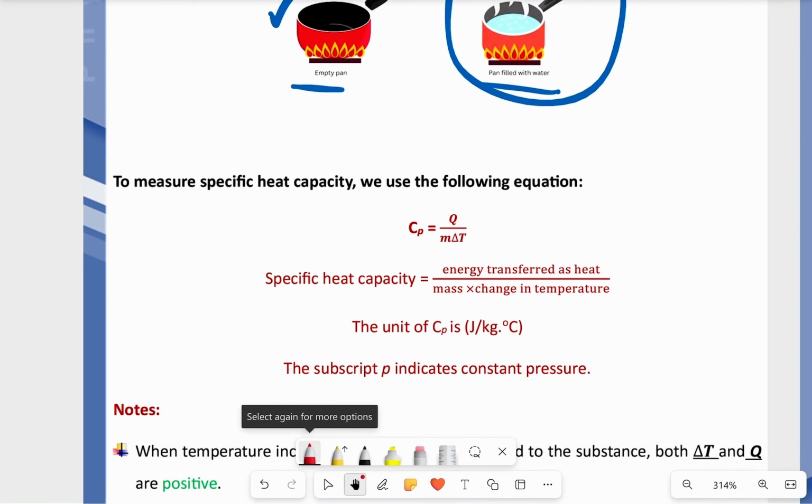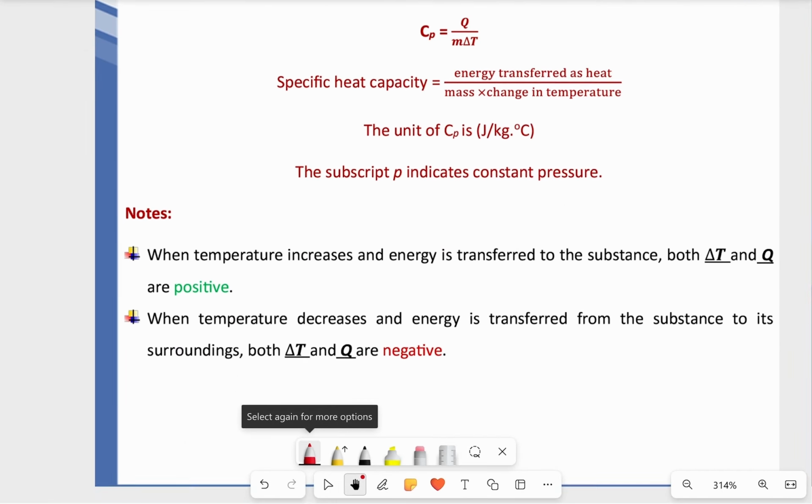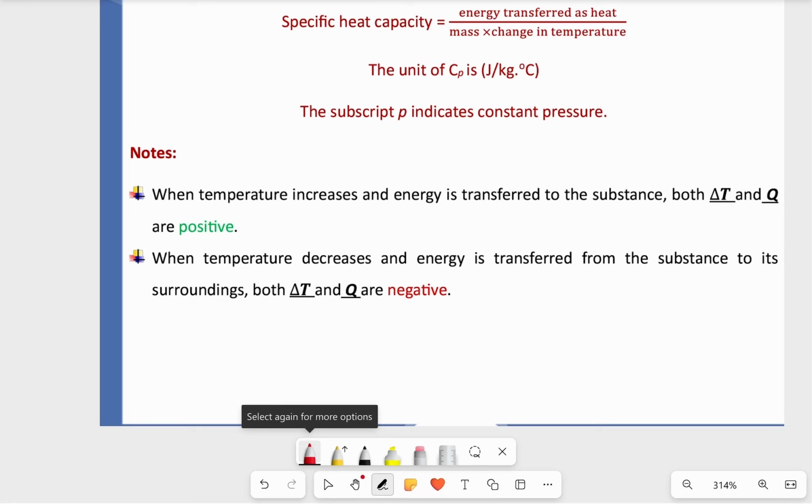Two important notes: when temperature increases and energy is transferred to the substance, or you can say when the object gains energy, both delta T and Q are going to be positive.